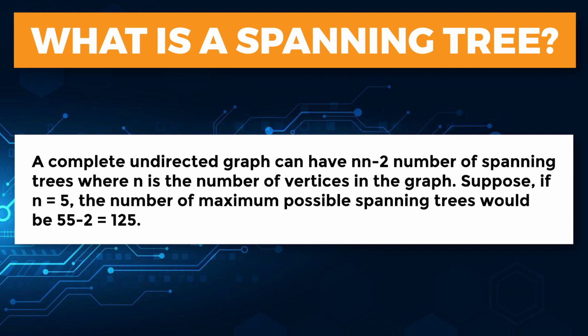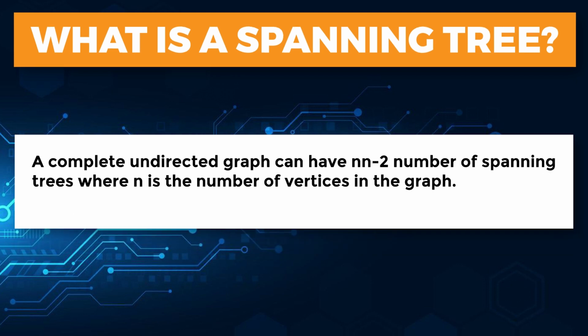Suppose n equals 5, it means vertices equal to 5. The maximum possible number of spanning trees would be 5 to the power 5 minus 2, that is 5 to the power 3, a total of 125. If you have 5 nodes, there should be 125 possibilities for generating a spanning tree.